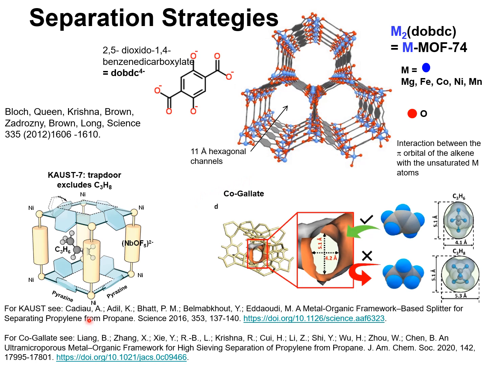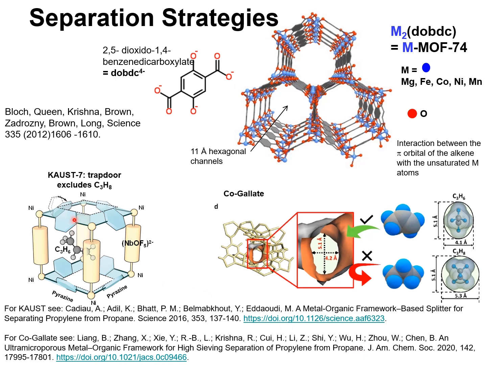A completely different strategy for separating propylene-propane mixtures is to exploit the subtle differences in the bond lengths, bond angles, and molecular shapes and sizes of propylene and propane by using ultramicroporous cobalt gallate, as described in this paper in JACS 2020.